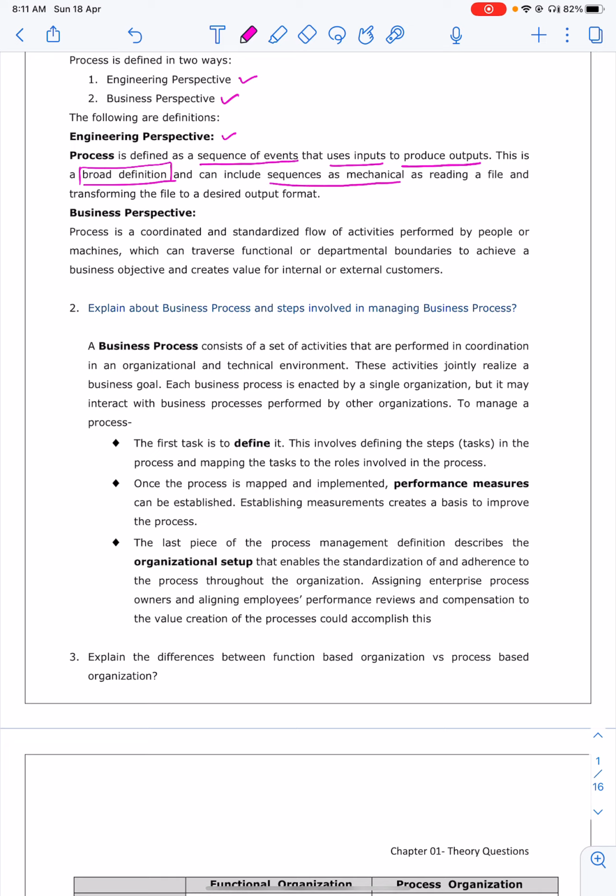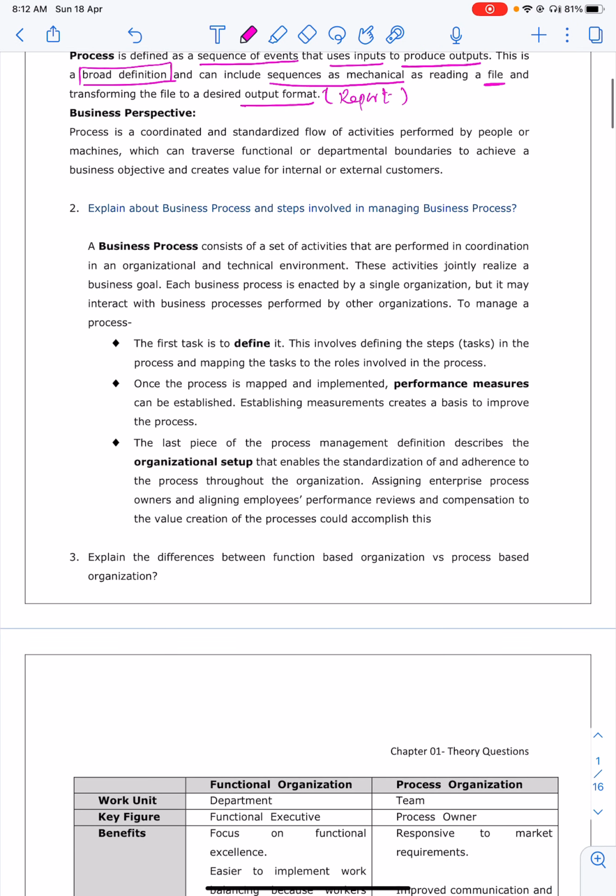It includes a sequence of mechanical steps, reading a file, which will be converted into a desired output. Here, what is a desired output? A report is called a desired output. I already told you we convert raw material to finished goods. Or I can take data, adopt a sequence of steps, and convert data into information, or I can take a file and convert the file into a report. These are three things we can do. We can do many other things as well, but what is a process from engineering perspective? Process is defined as a sequence of events that uses input to produce output.